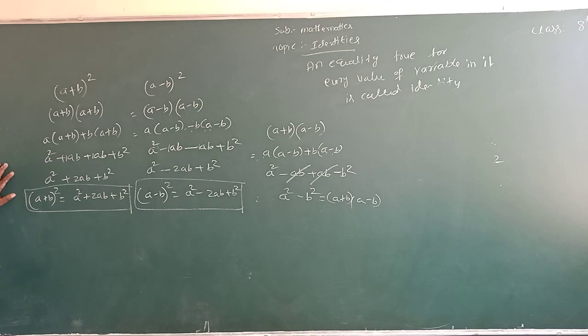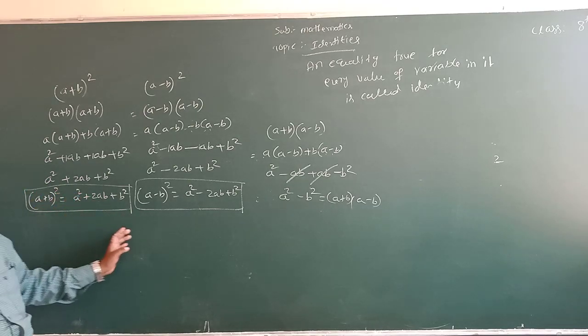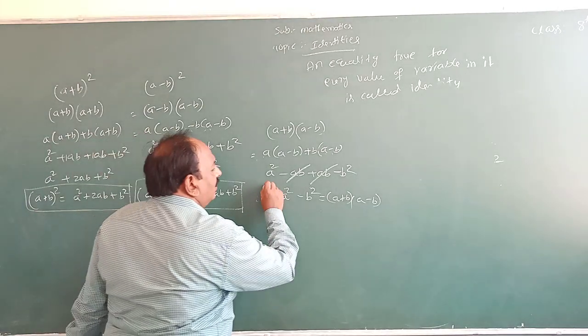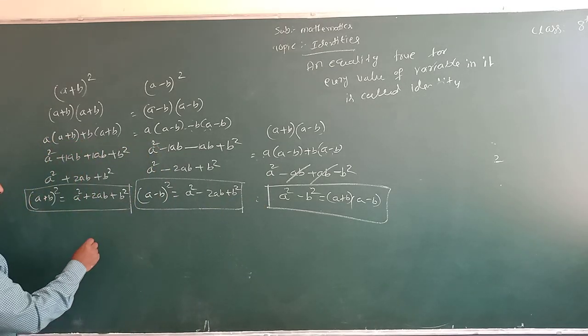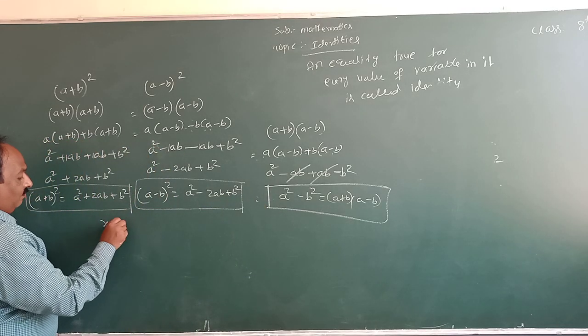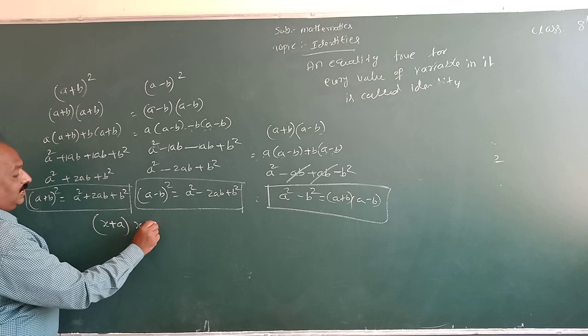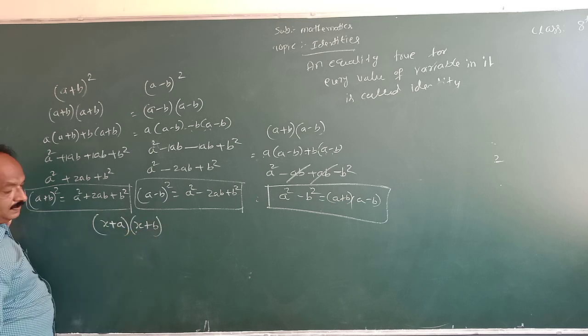Now this is a major identity. These are all the identities that will be very useful in our mathematical applications. Next one is the fourth identity, (x + a)(x + b).